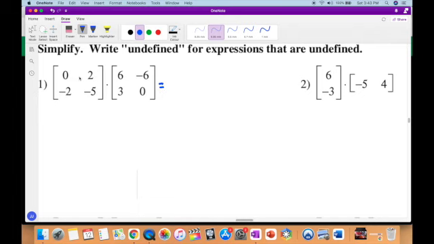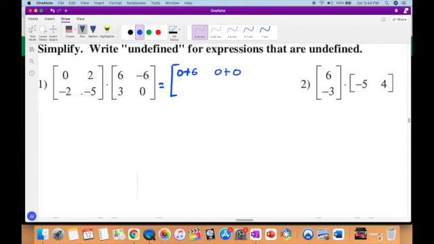So what do we have here? We are going to multiply this row by this column to get the first answer, right? So I'll take 0 times 6 is 0, right? Plus 2 3s are 6. So that first thing there, I got 0 plus 6, right? Now I'll take this row and multiply it by this column, right? So 0 times minus 6 is 0 plus, and then I'll take this 2 and multiply it by this 0, and that'll also be 0.